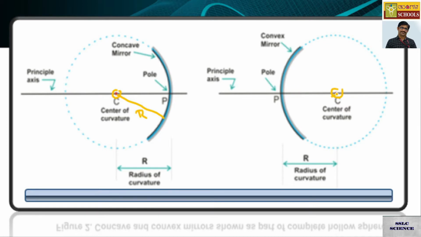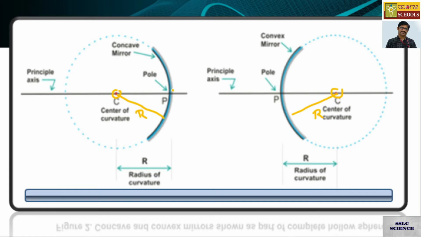Here also you take it as R. So the radius of this entire imaginary sphere is taken as the radius of curvature for the concave mirror. Here also the radius of the sphere is nothing but the radius of curvature for the convex mirror. Radius of curvature. Okay.